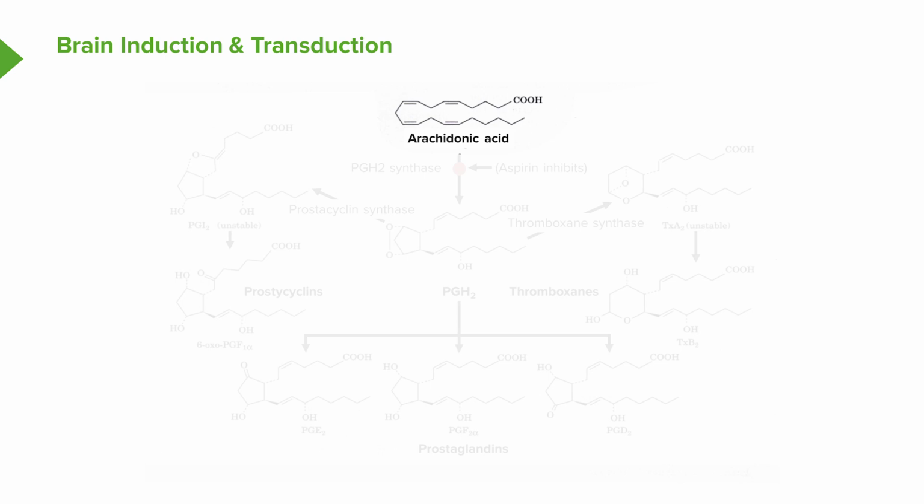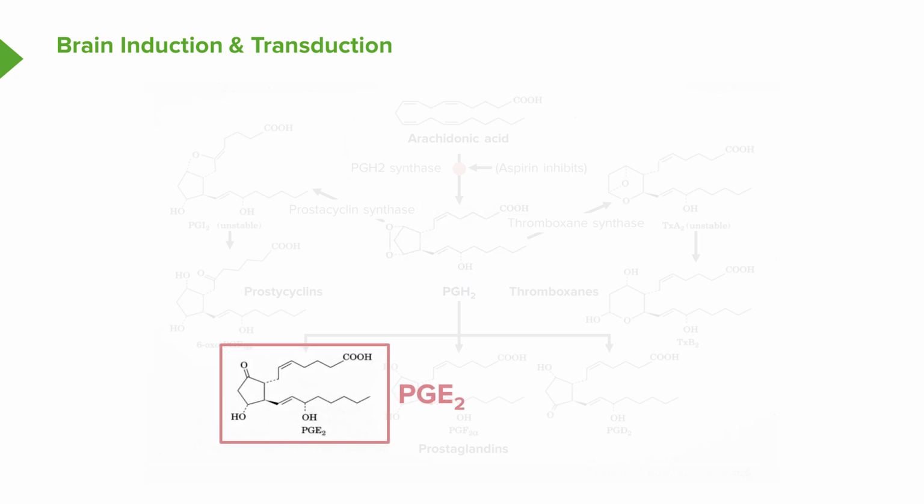Here, arachidonic acid is a 20-carbon fatty acid. COX, or cyclooxygenase, will break that down into another prostaglandin, PGH2. But it is the PGE2 that we're most concerned about, because this is the fever-resulting molecule.